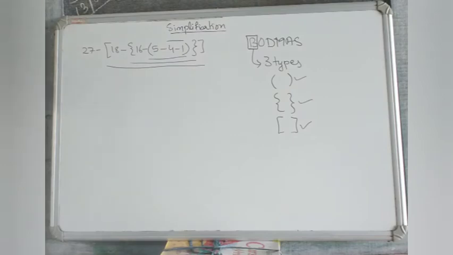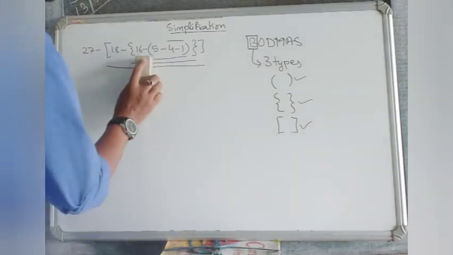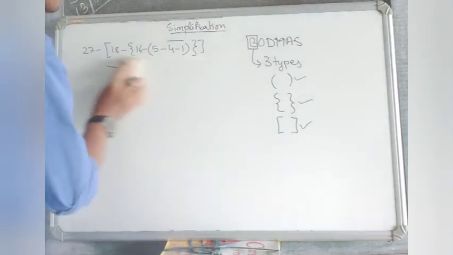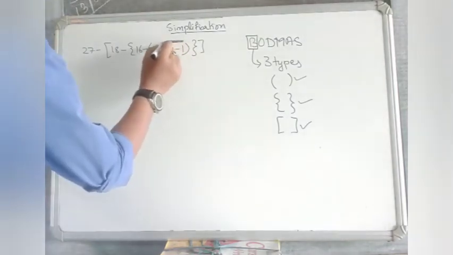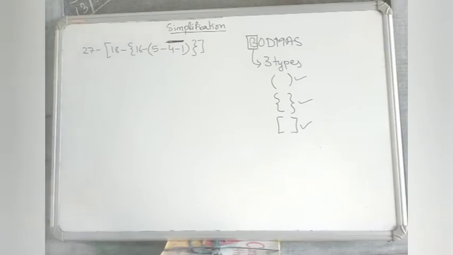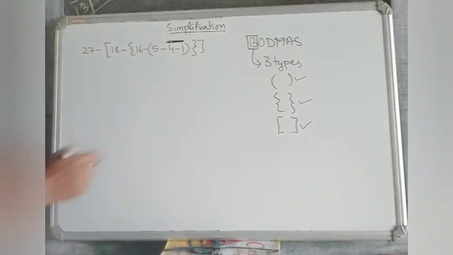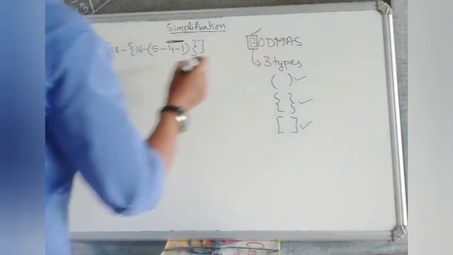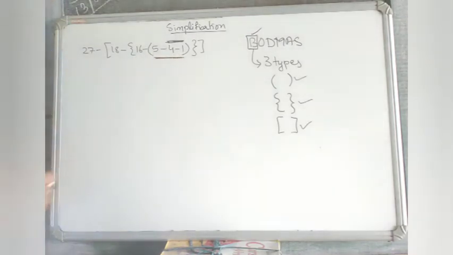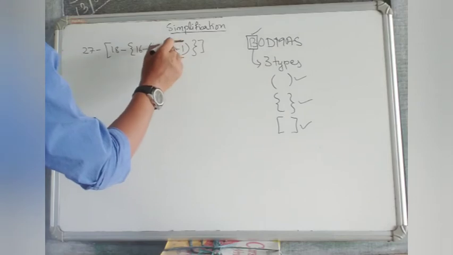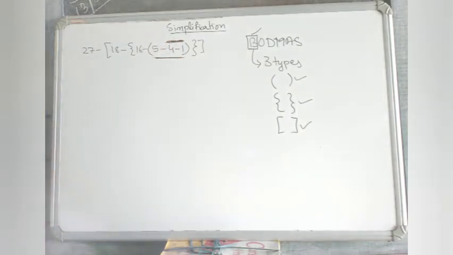Now in the brackets also we have one bar. If you see, there is a bar over 4 minus 1. So according to the BODMAS, you have to go for the bracket. So first bracket we can see is this, and within the bracket there is a bar also over the 4 minus 1.